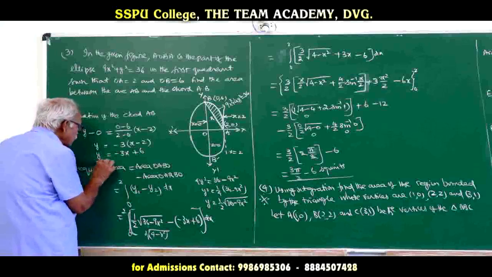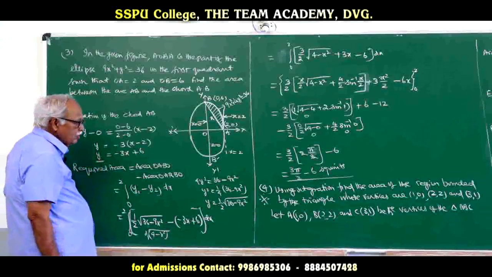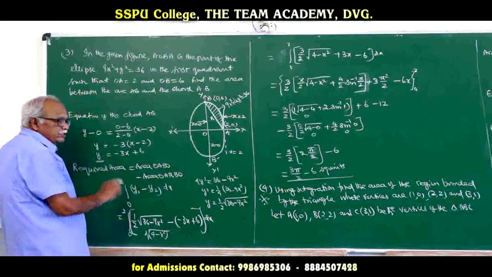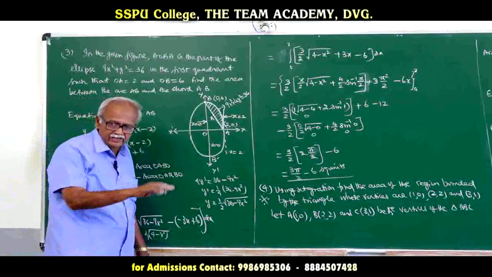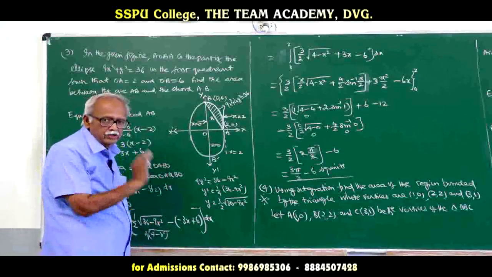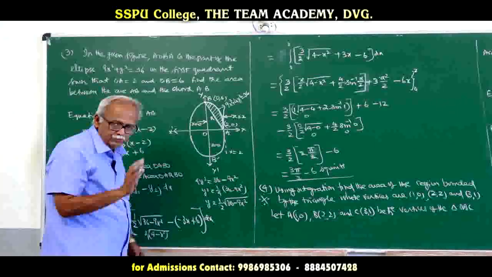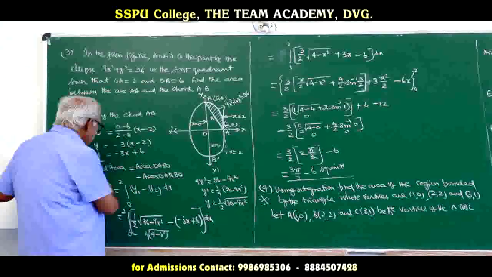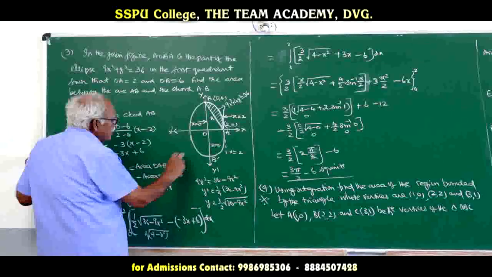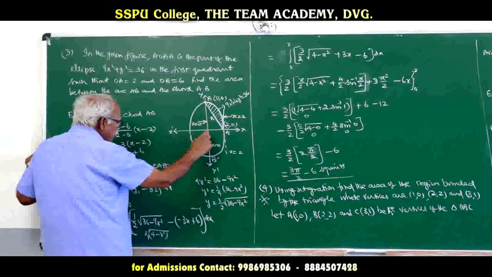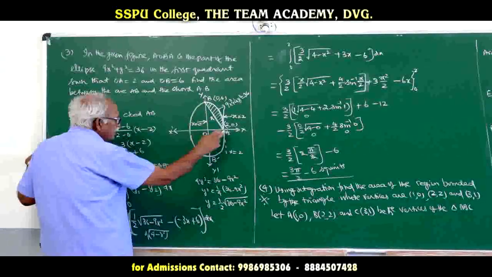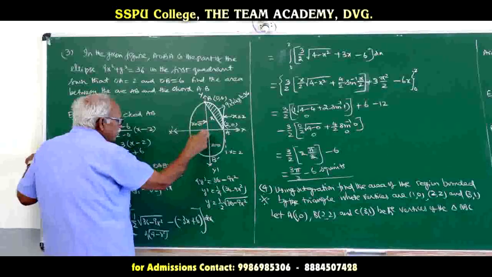So, all the equations of the straight line, keep them as y only, y is equal to, because in the area equation, what is the area equation? We get integral y dx, y only we have to substitute in terms of x. So, required area is area OABO minus area ARBO.